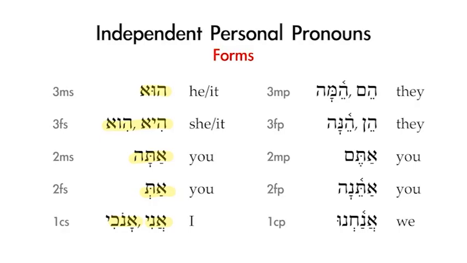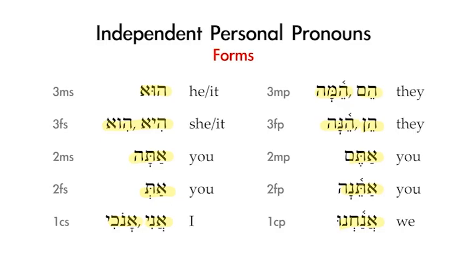Let's move to the plural column. The third masculine plural is pronounced hem or hemah. The third feminine plural is pronounced hen or henah. Once again, notice that for the 3MP and the 3FP, there are two different possible spellings. For the second masculine plural form, we have atem, the second feminine plural form, atenah, and the first common plural form, anachnu.